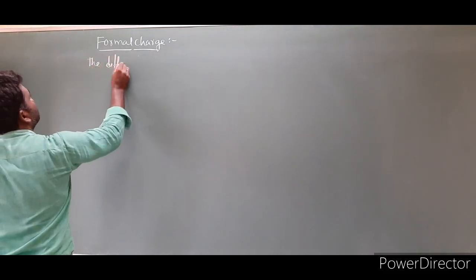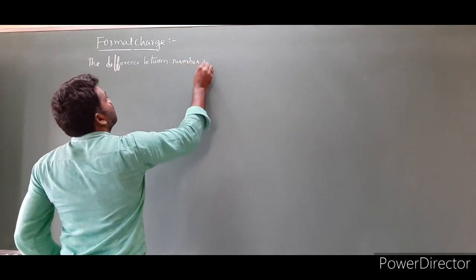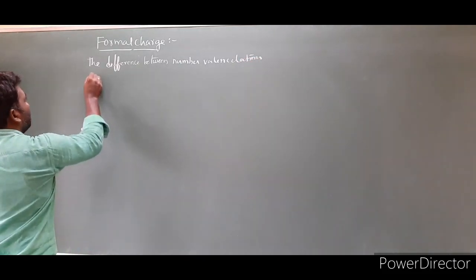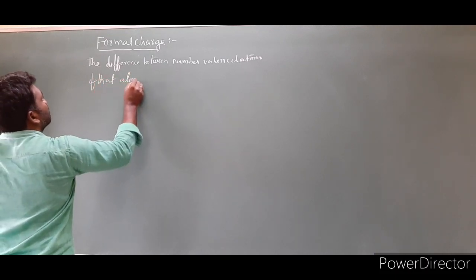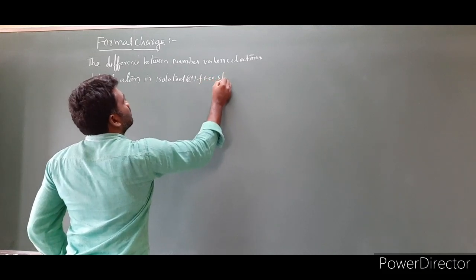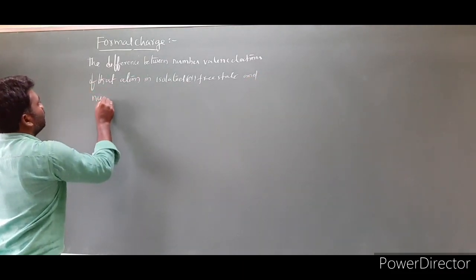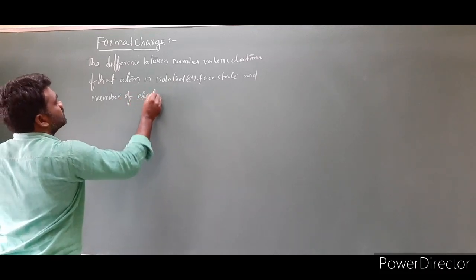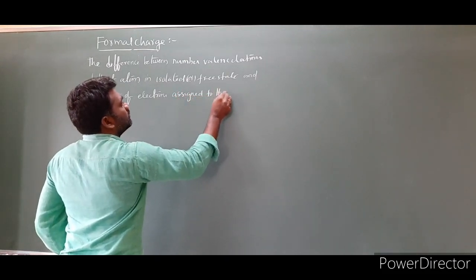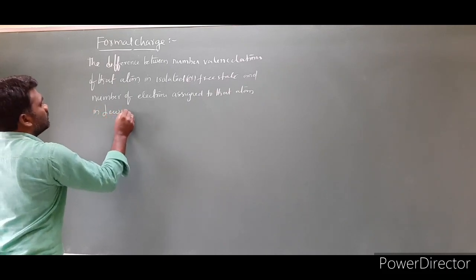The difference between the number of valence electrons of that atom in a isolated or free state, and number of electrons assigned to that atom in a Lewis structure.